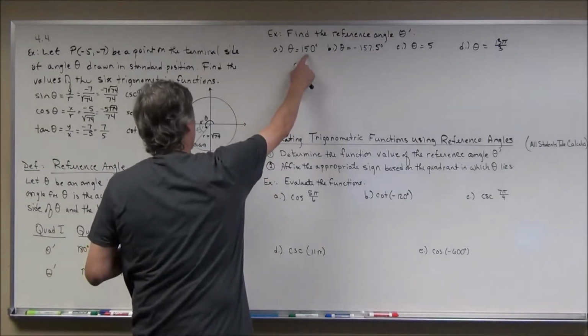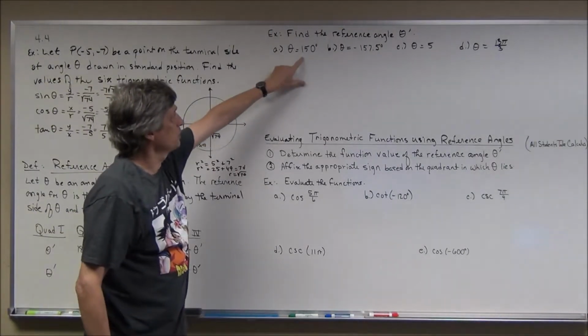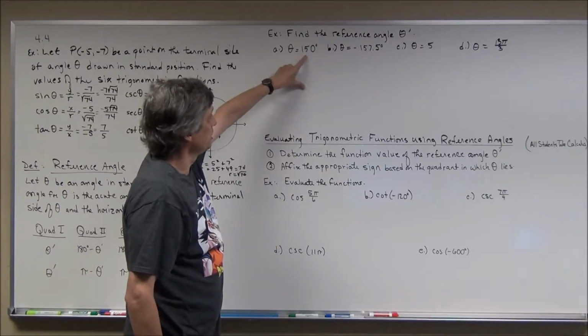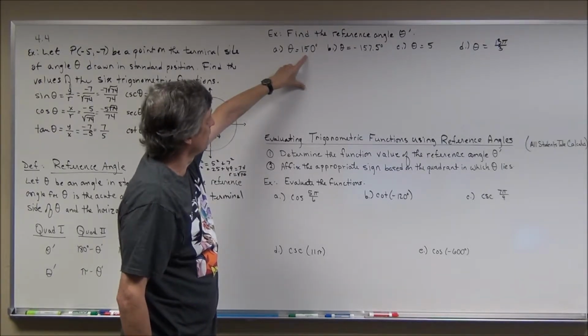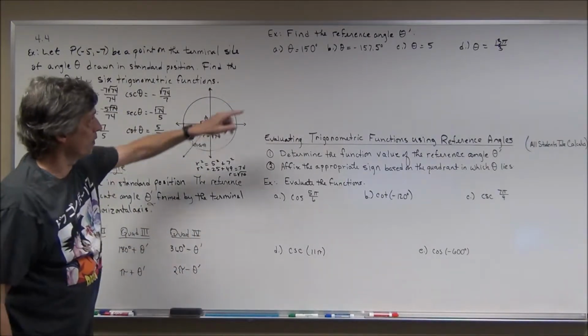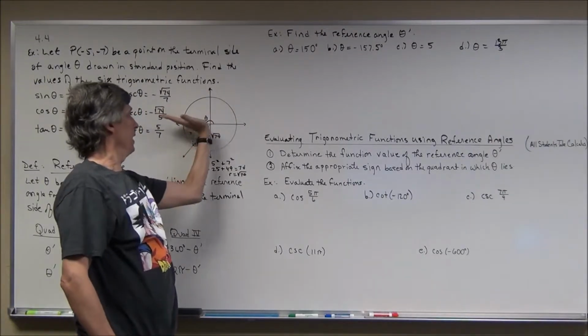I start off with a fairly easy one, 150 degrees. First off, I want an angle that's positive, between 0 and 360, or between 0 and 2 pi radians. And I have that here at 150. So 150, by the way, would put me into the second quadrant. It's between 90 and 180.